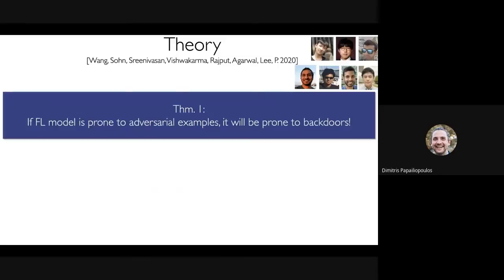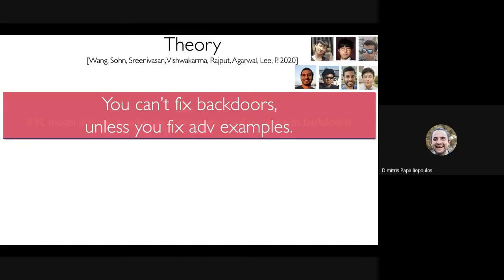From the theory perspective, what we saw is that if a federated learning model is prone to adversarial examples, then you can prove that it is prone to backdoors. So the main point of this first theorem is to say, look, if you claim that you're fixing backdoors, you're probably also fixing adversarial examples in the general case, and that is an open problem.